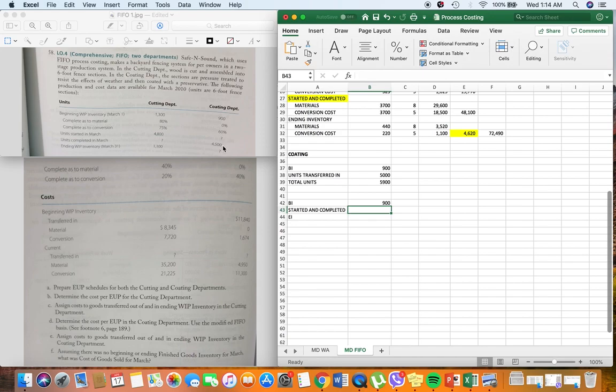Ang binigay sa atin this time is the total units completed in the month of March. So, ito na naman tayo, no? I have discussed this to you before, 'di ba? The completed units is composed of two components, especially if we are under FIFO, 'di ba?